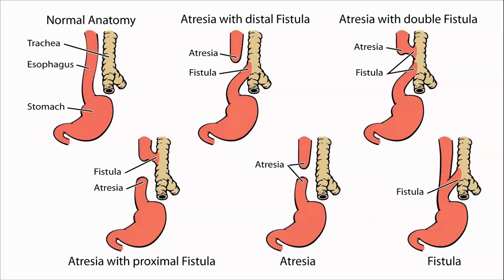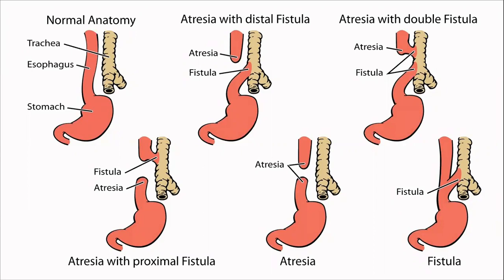So tracheoesophageal fistula is a life-threatening condition in which there is an abnormal connection between esophagus and trachea. In the first picture, we can see esophagus and trachea run next to each other through the chest cavity. It is normal, but when they're connected, it is abnormal, right?